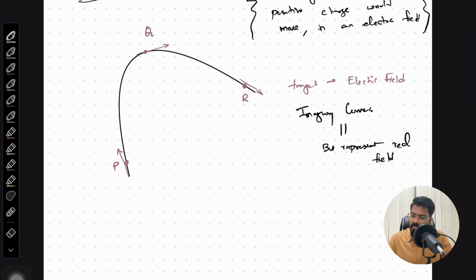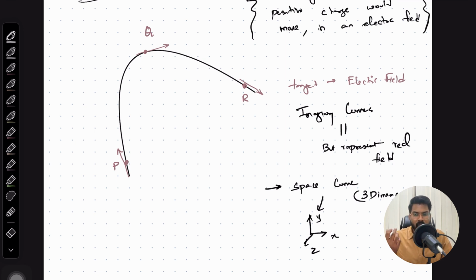And another point which you want to know is that this is a space curve. Now what is a space curve? It exists in 3 dimensions. X, Y, Z. So 3 dimensions. That is a space curve.